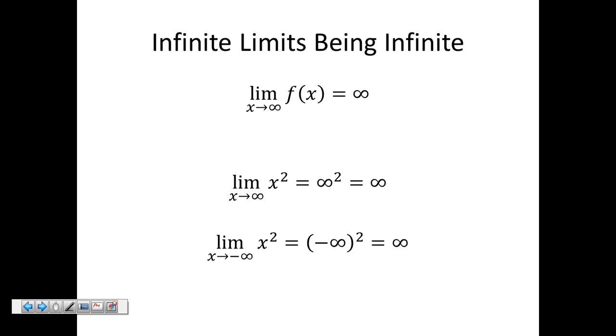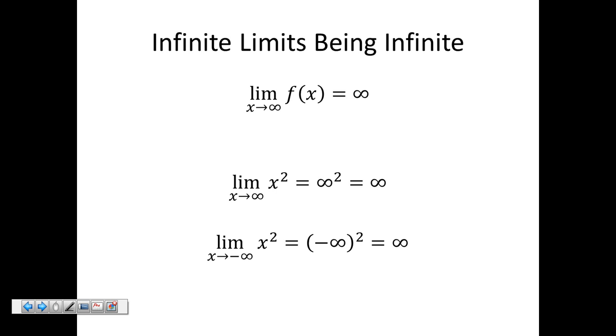All right, so let's take a look at infinite limits being infinite. We have the limit as x goes to infinity. Well, a lot of times, that equals infinity. If we plug in a really big, huge number, we get out a really big, huge number. X squared. You take 10 bazillion and square it, it's just going to get even bigger and scarier.